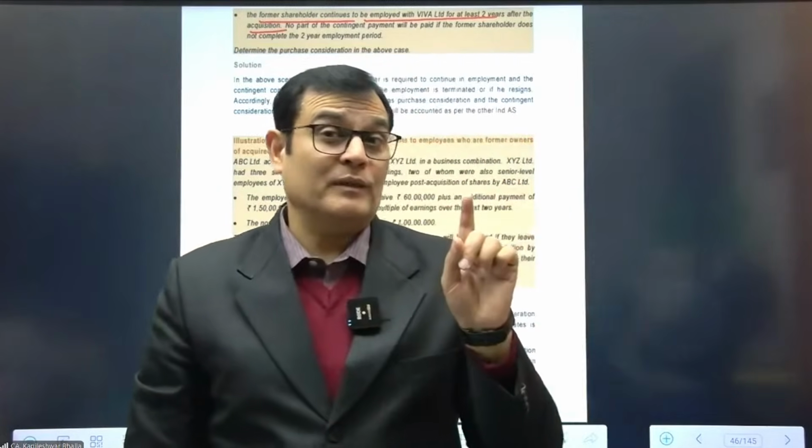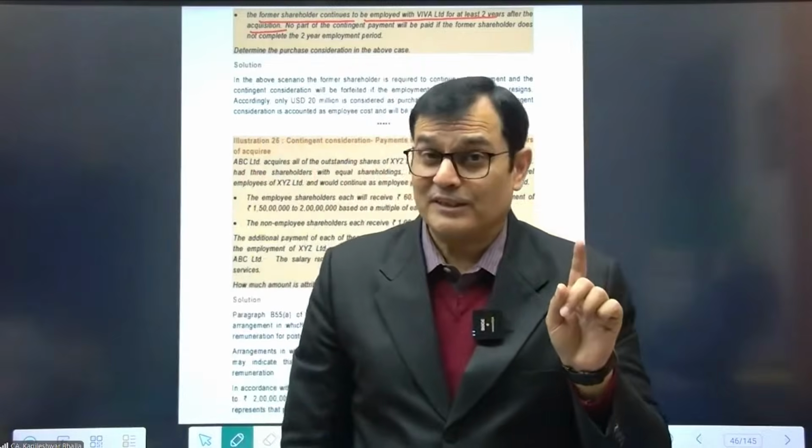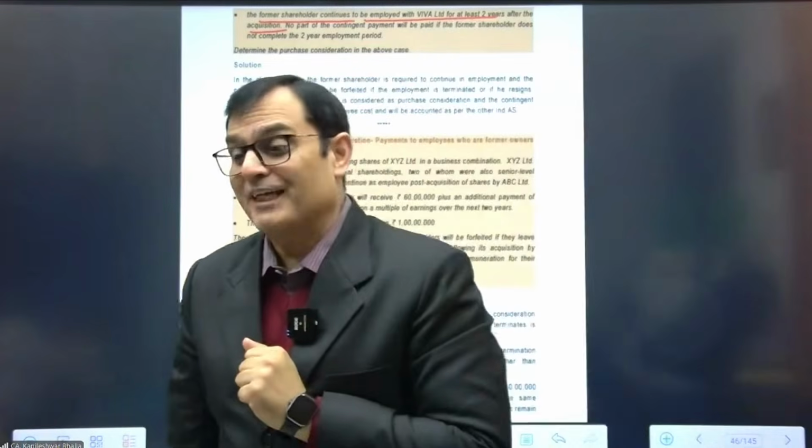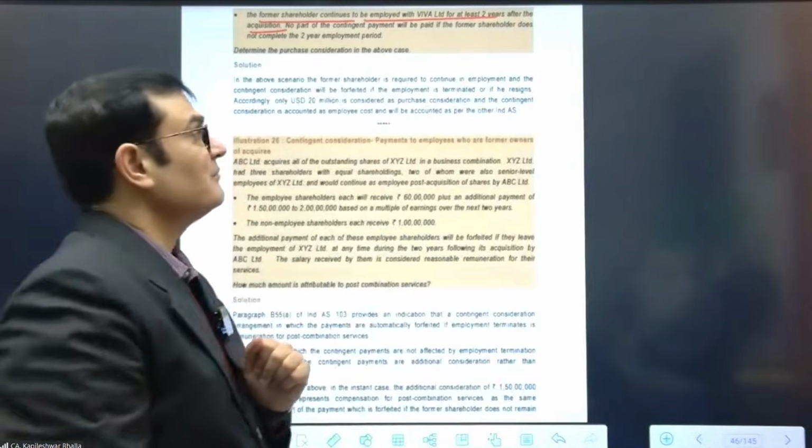So in this case, do you think it is CCS or a CCE? Because initially when I looked at the target, it seems it is CCS. But then immediately later it says that you need to serve my company for the next 2 years to meet this target. So it is more like a service condition with a performance. So it becomes a performance condition as per Ind AS 102.